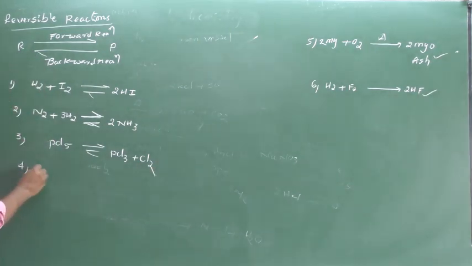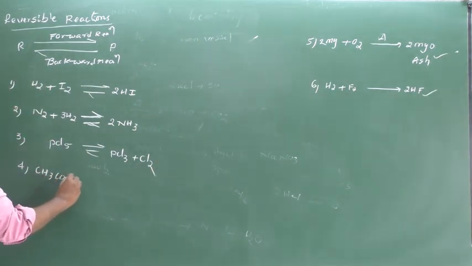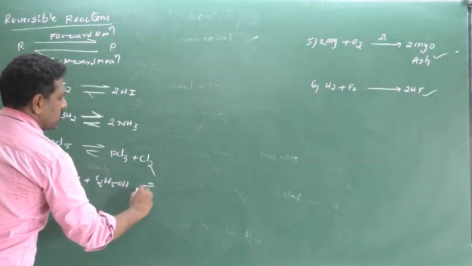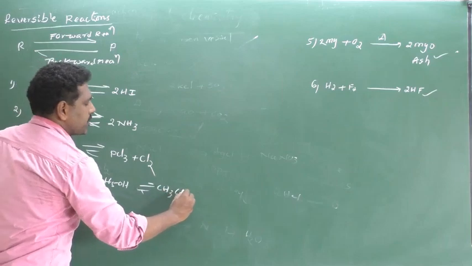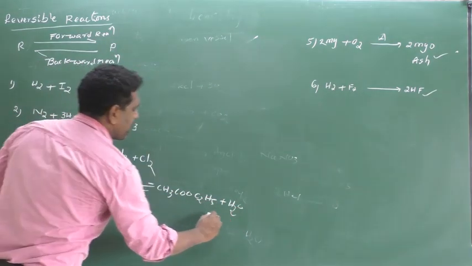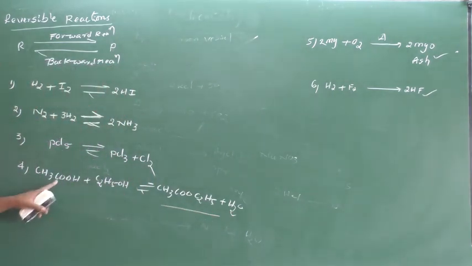And also CH3COOH plus C2H5OH gives rise to CH3COOC2H5 plus H2O. Ester formation. This reaction is called esterification. This is also an example of a reversible reaction.